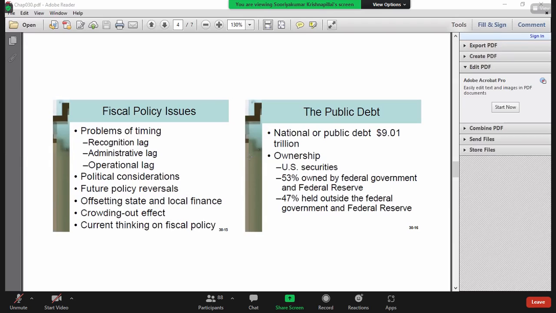Now the public debt. The government has debt. They borrow money from the public and from foreigners also. That is public debt. Part of the public debt is borrowed from government agencies, which they also have to pay.